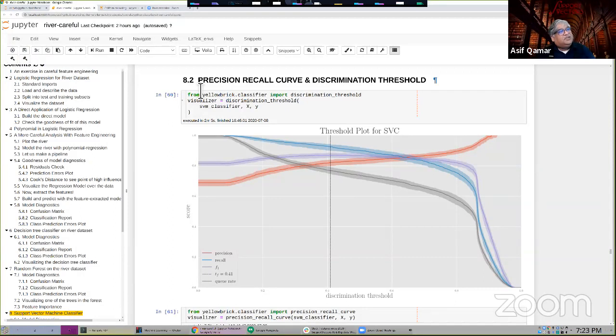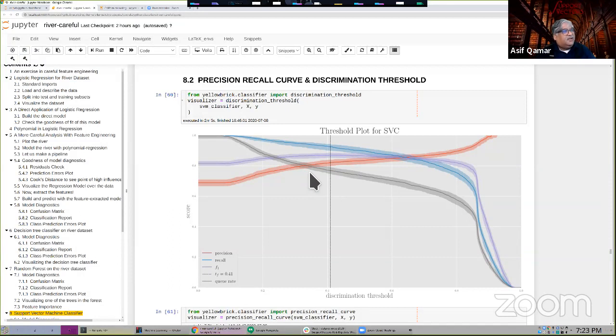These are called precision recall curves and discrimination threshold. So what they show you is, you see this red line? This shows how the precision varies as you increase the probability at which you put the cutoff. Right? And recall decreases as you increase the probability at which you put the cutoff. So obviously you want a point at which the sum total of precision and recall, the F1 value, achieves a maximum.